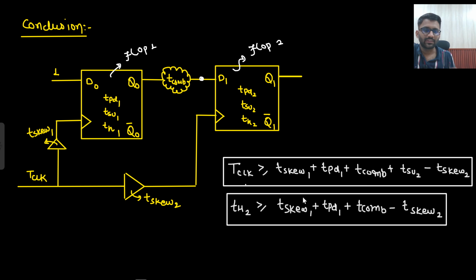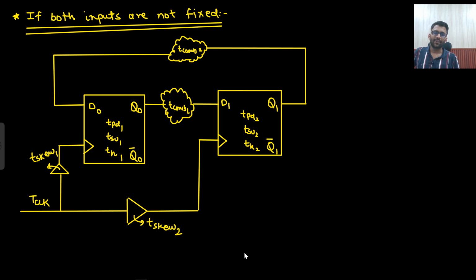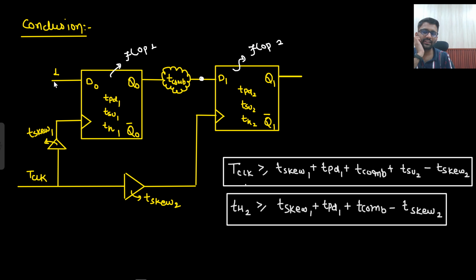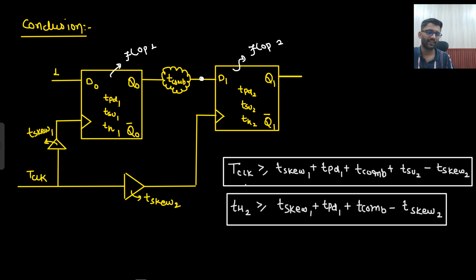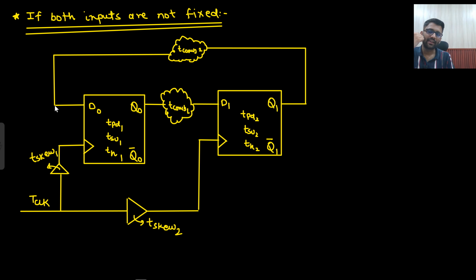So this example we have seen, this conclusion we have seen, right? Now we will see this condition. In all the examples we saw, this input was fixed. But here this input is also not fixed. So how will you analyze that?